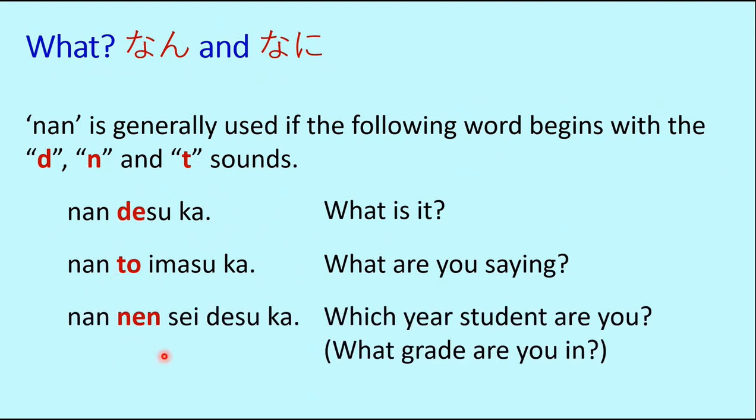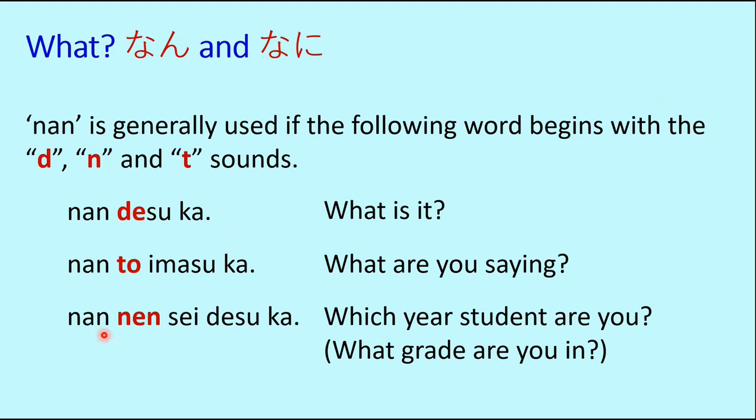Similarly, nannen sei desu ka? Nen means year, and there is a kanji for this nen, which we shall see in the next slide. Nannensei means which year student are you?